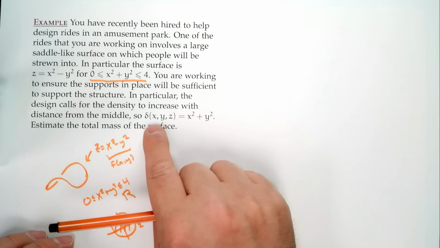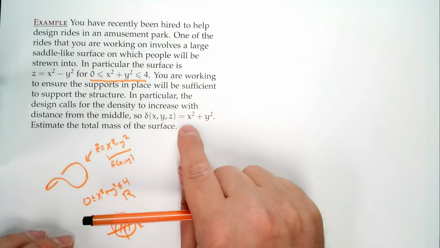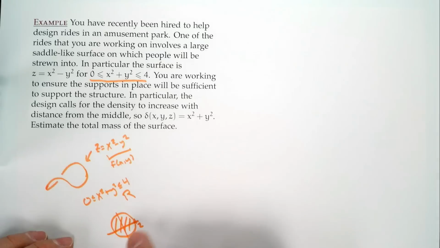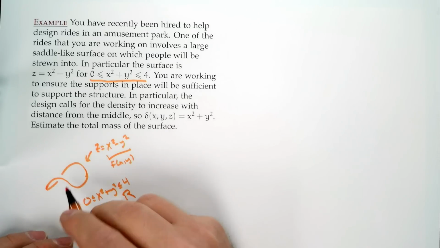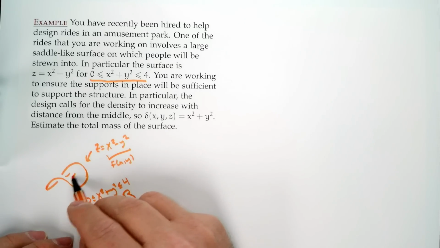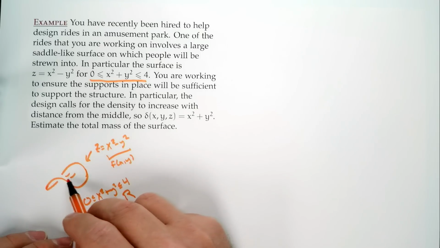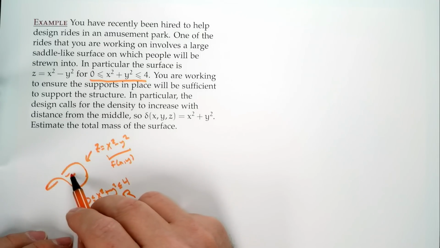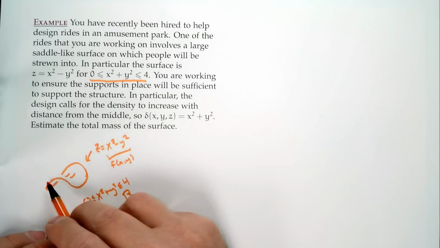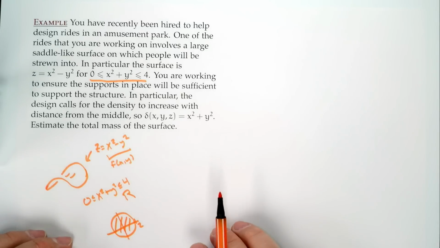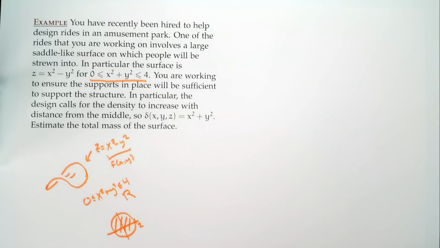So, in particular, the further we're out from the center, the more dense we are. So it's very not dense at the center. So if we look at our saddle here, it'll be very not dense near the center, but as you move towards the edges, the density increases. And the question is, what's the total mass?